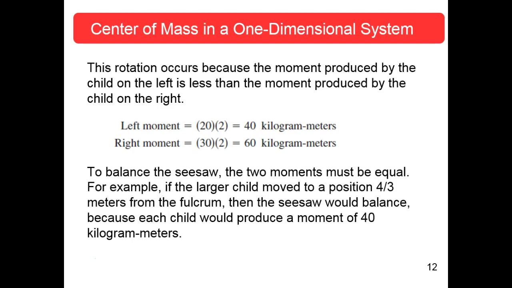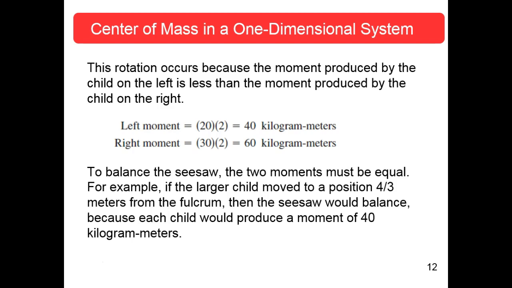For example, if the larger child, the 30 kilogram child, moved to a position 4/3 of a meter from the fulcrum, rather than 2 meters, that's a meter and a third, then the seesaw would balance because 4/3 times 30, 3 will go into 30 10 times, and 10 times 4 would be 40 kilogram meters.